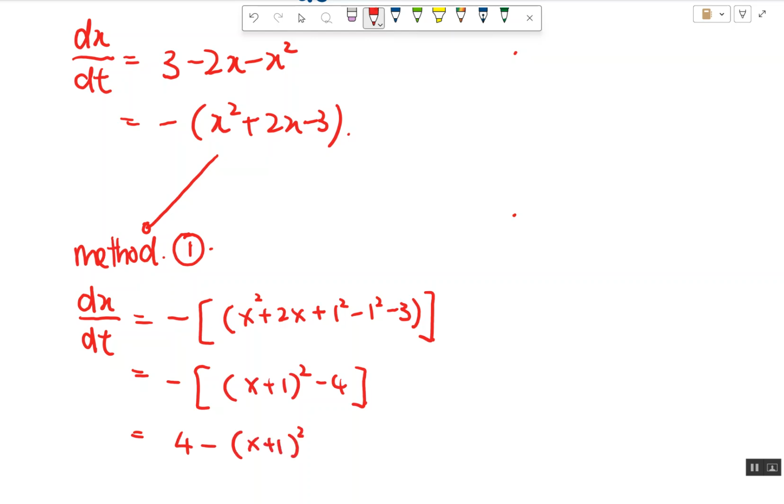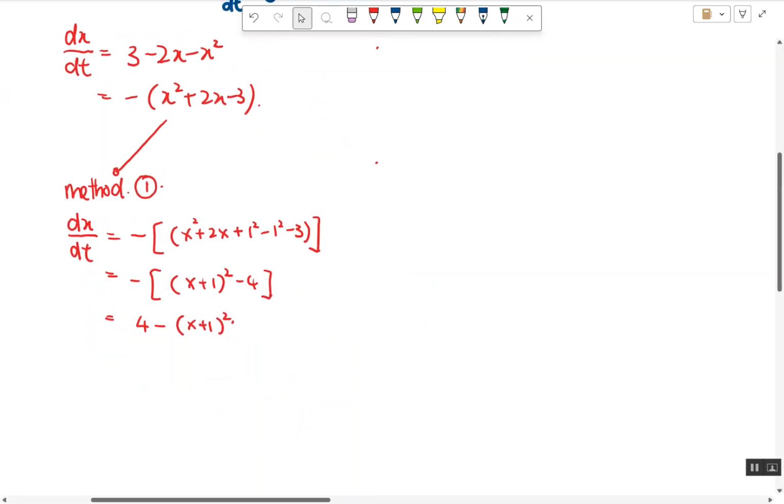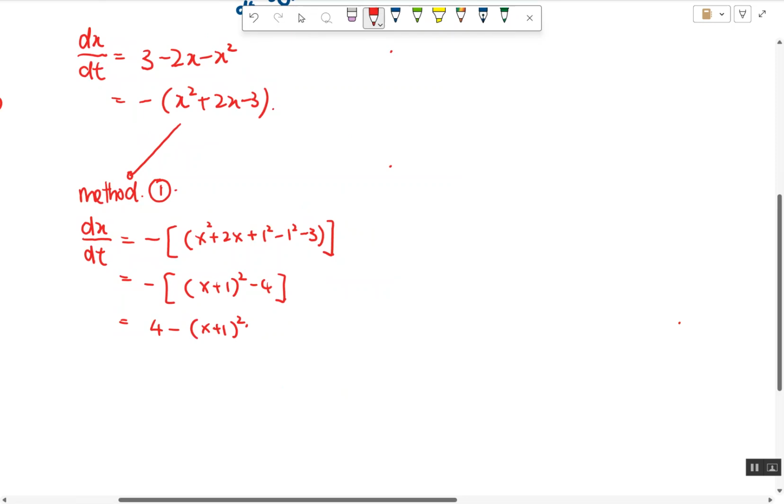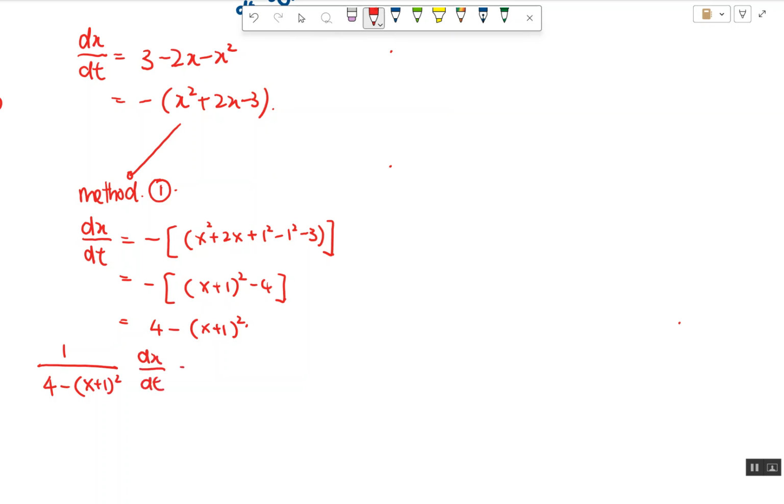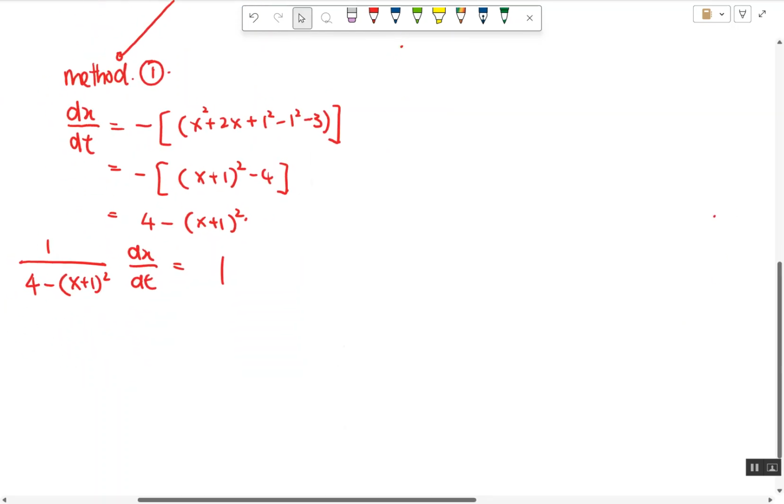Now because x is on my left side, all I need to do is to bring it over as a divide: 1 over 4 minus (x plus 1) squared, dx/dt is equal to 1. If you don't know why this step, you really got to revise your DE first before you look at this example.